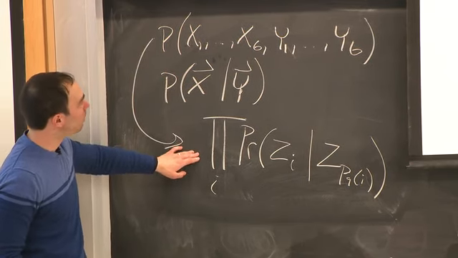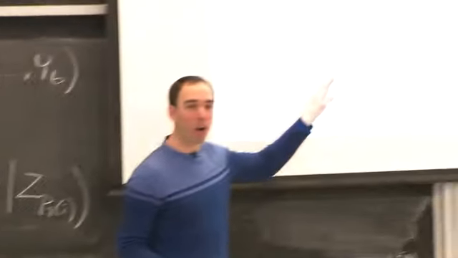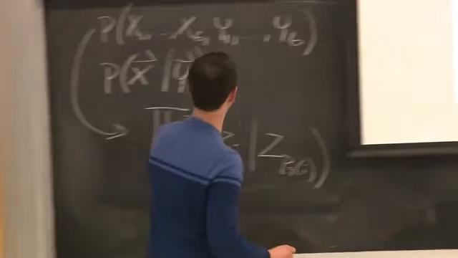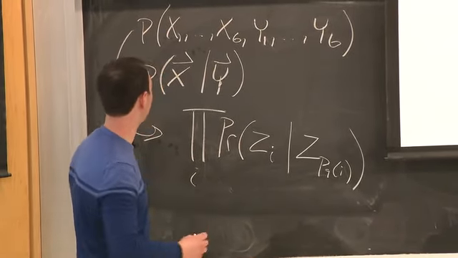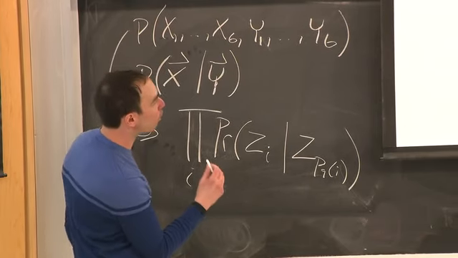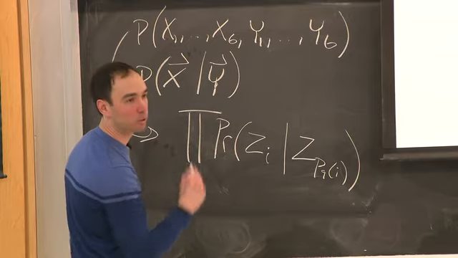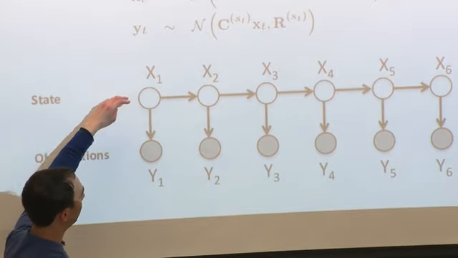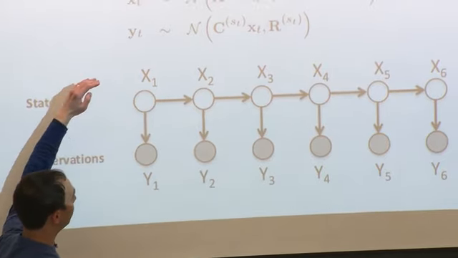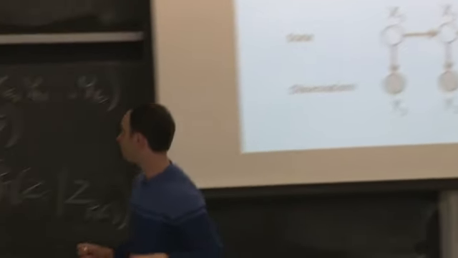And in particular, for this graphical model, which goes by the name of a Markov model, it has a very specific factorization. We're just going to read it off from this definition. So we're going to go in order, first x1, then y1, then x2, then y2, and so on, which is going based on a root to children traversal of this graph.